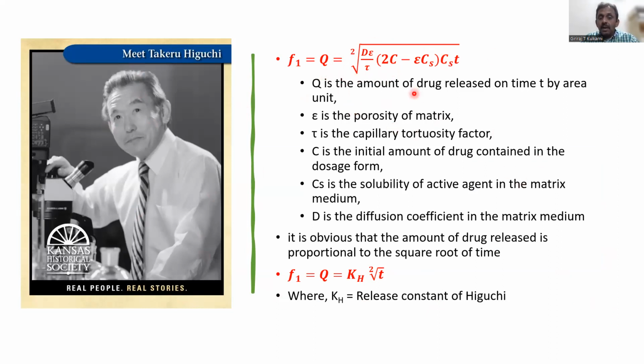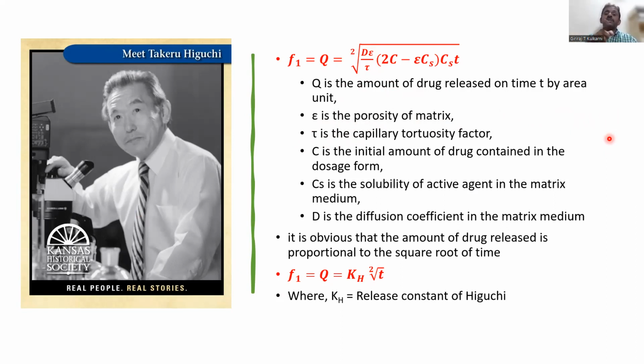In this, Q is the amount of drug released at time T per unit area, and epsilon is the porosity of the matrix. Tau is the capillary tortuosity. Here, we should consider the capillaries, the small microscopic channels where fluid will take entry.